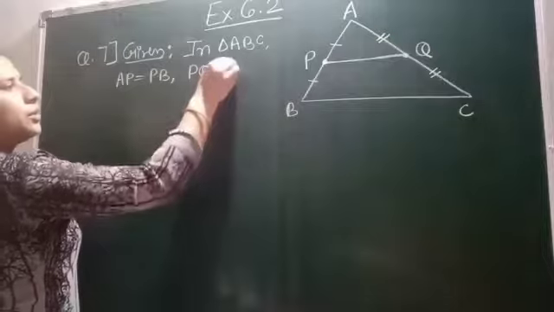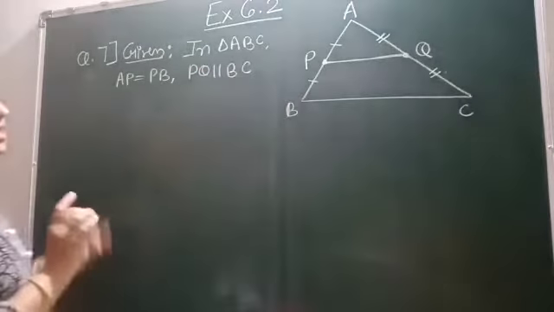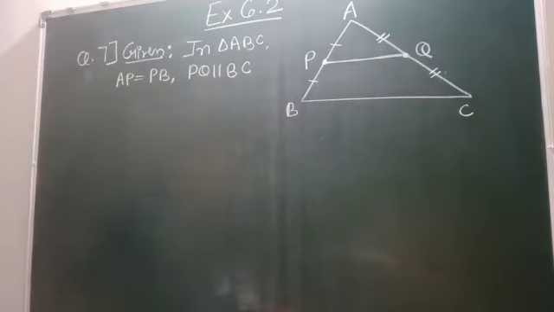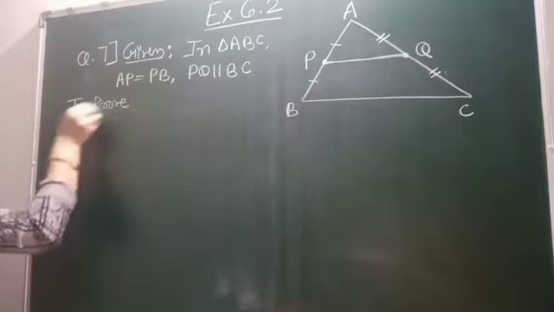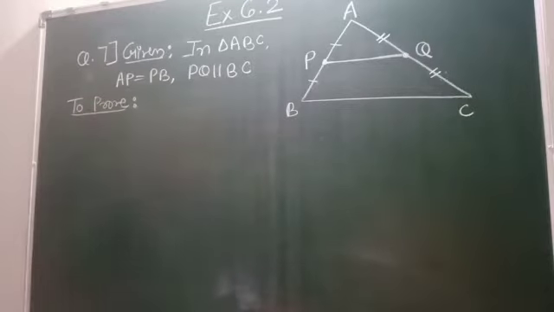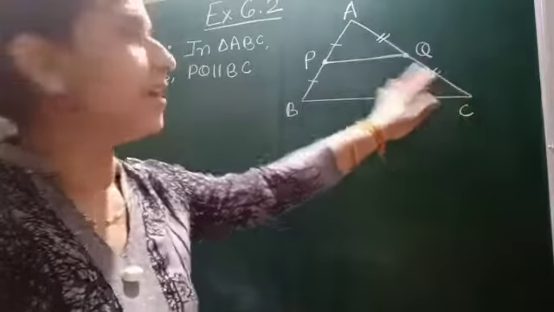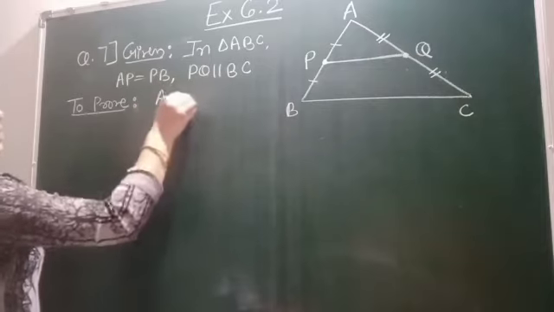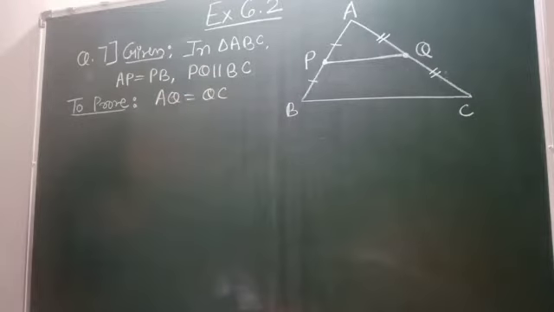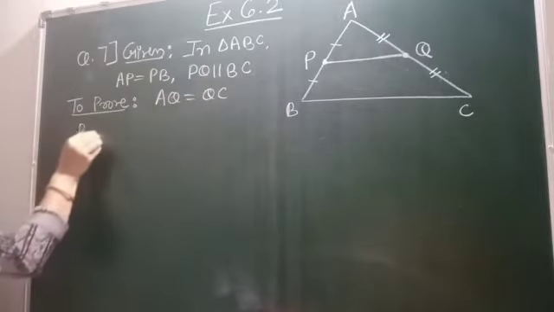Okay. These two things are given in this particular diagram. Then what we have to prove here? We have to prove here Q bisects AC. It means AQ is equal to QC, that we have to prove. So let's start the proof.